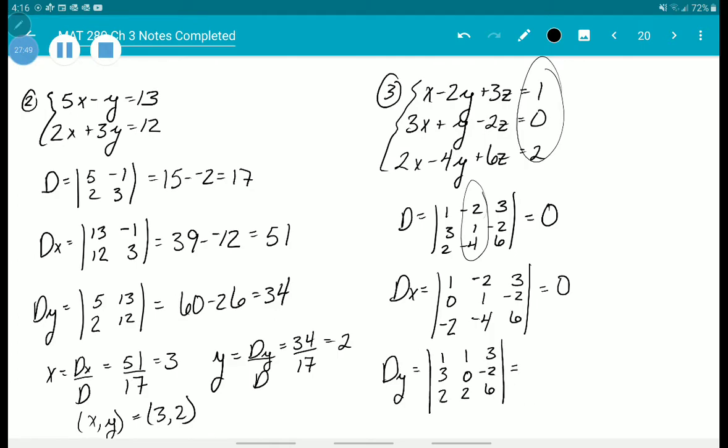And I'm cheating on these. I'm plugging these into the calculator, and I'm letting the calculator do the work. And we're going to get 0.